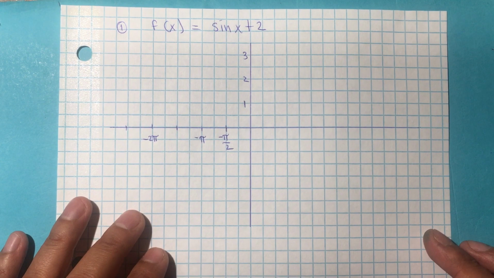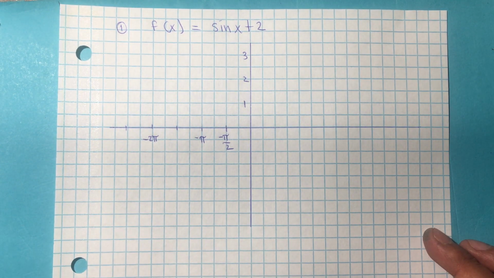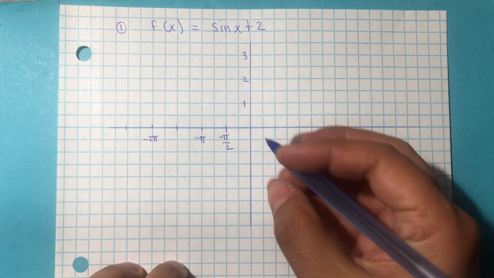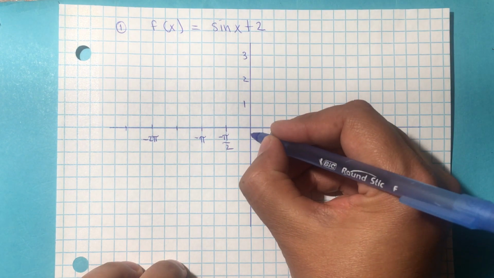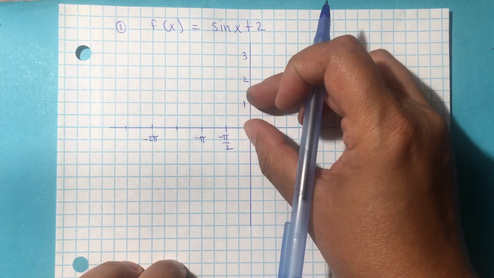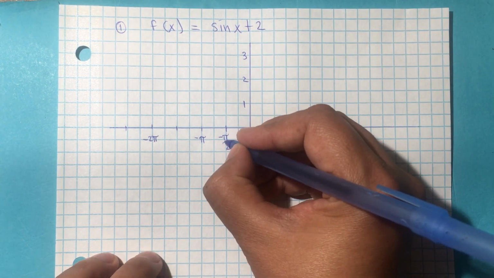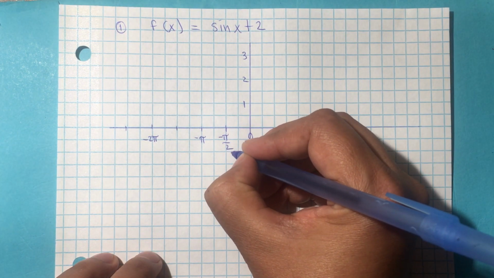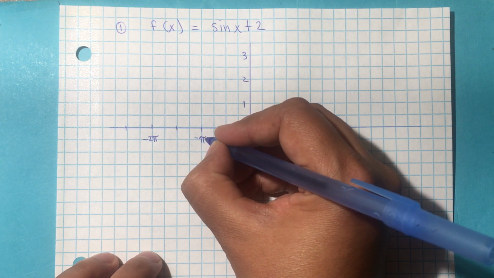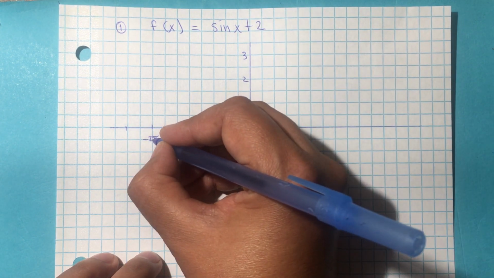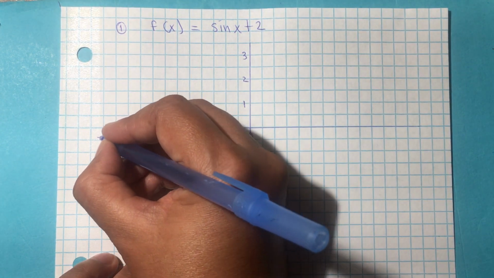I was filling this out by myself, but I want to show you the easy way to get to the values. What I do is, this is 0, and then I put 2 spaces for each value on y, 1, 2, 3, and I put negative pi over 2, but then I go negative pi, skip 1, negative 2 pi, skip 1, and that will be negative 3 pi.